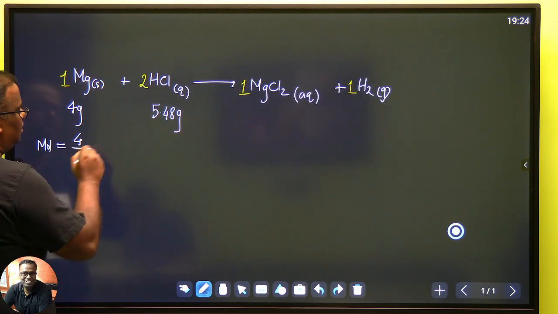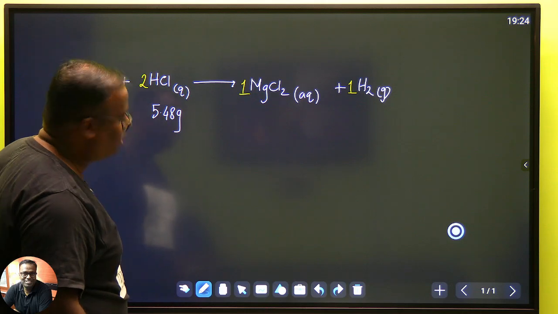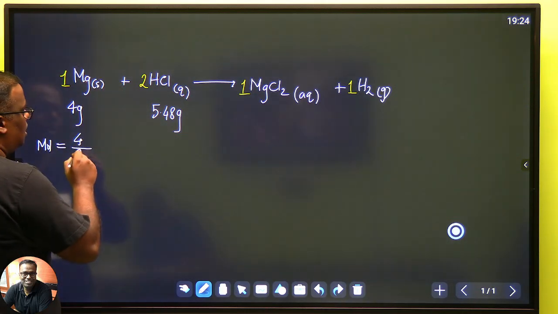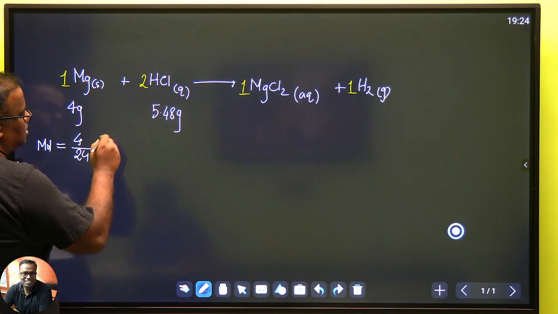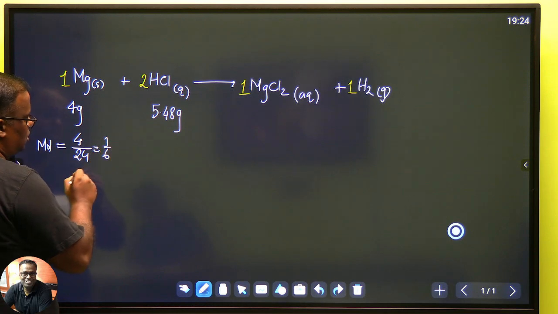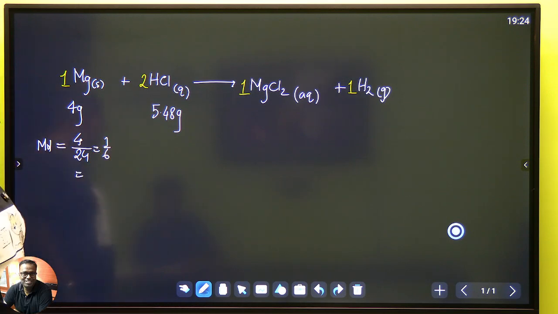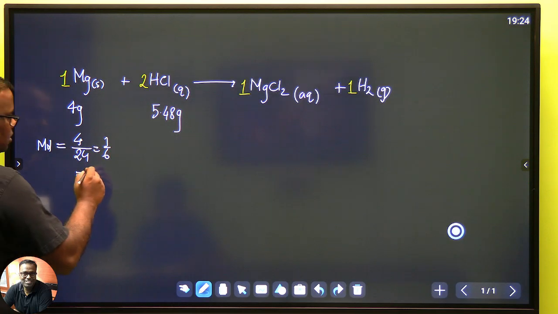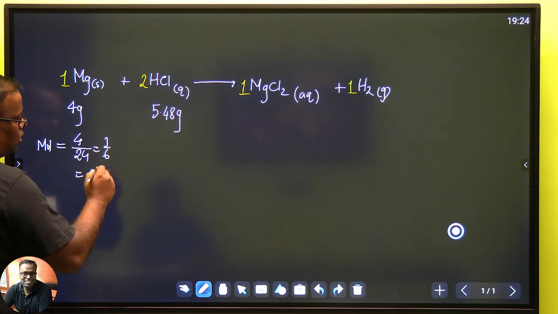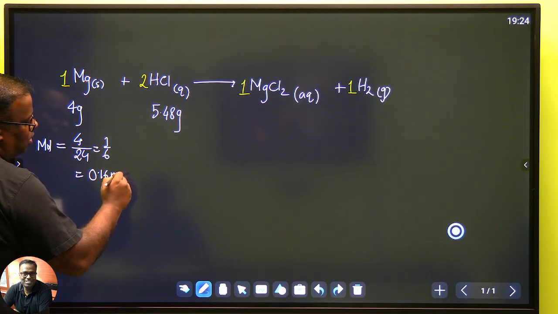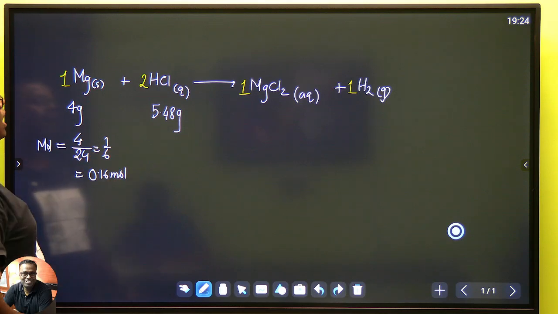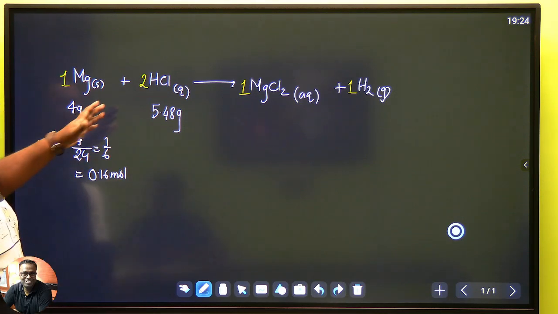Magnesium का कितना है? 24. कितना आया? 1/6, which is equal to 0.16 mole. ठीक है?